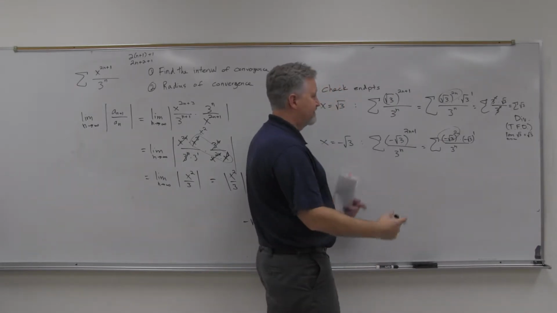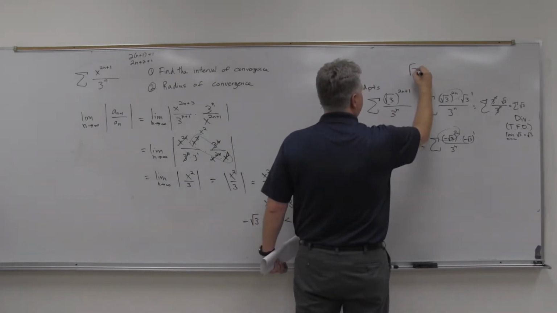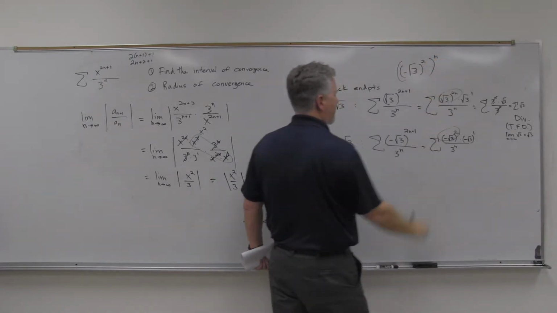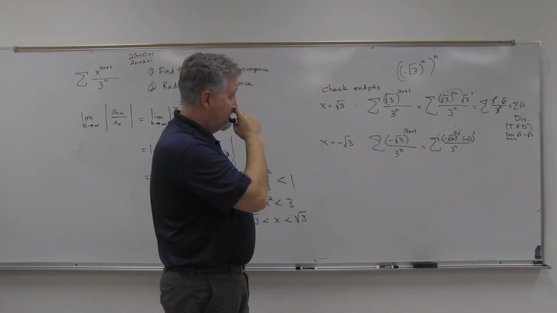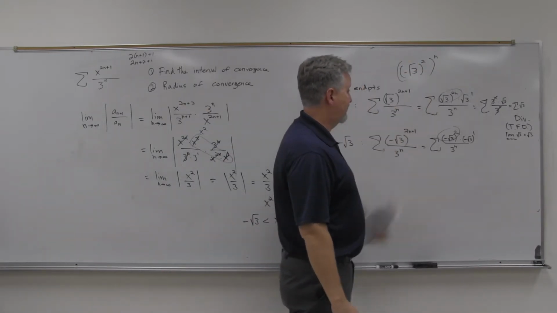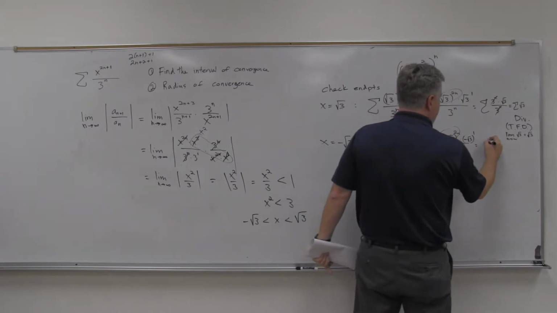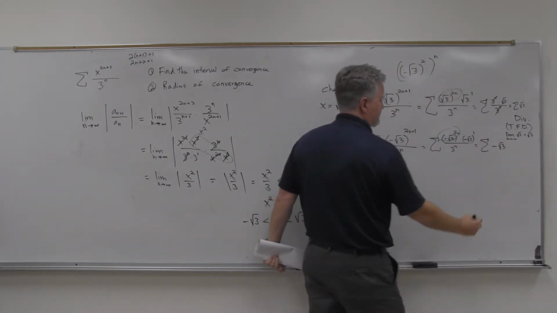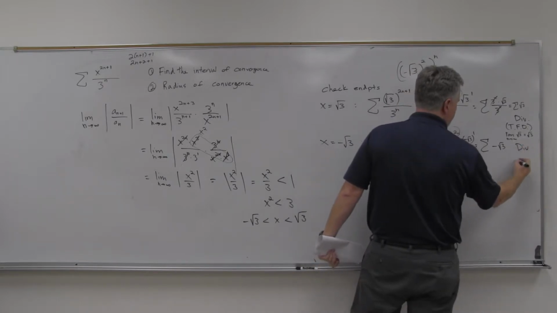Because you're squaring the negative square root of 3, which is still 3, and then you still get 3 to the n. So yeah, you get this negative square root of 3 instead of square root of 3, but that's still divergent by test for divergence.